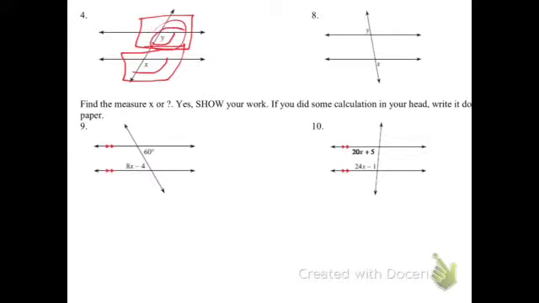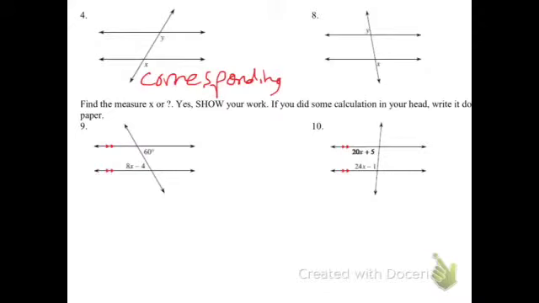They're both in the bottom right of the intersection, and so these ones are called corresponding angles. And on 8, you have angles outside the parallel lines and on opposite sides of the transversal, which makes them alternate exterior angles.